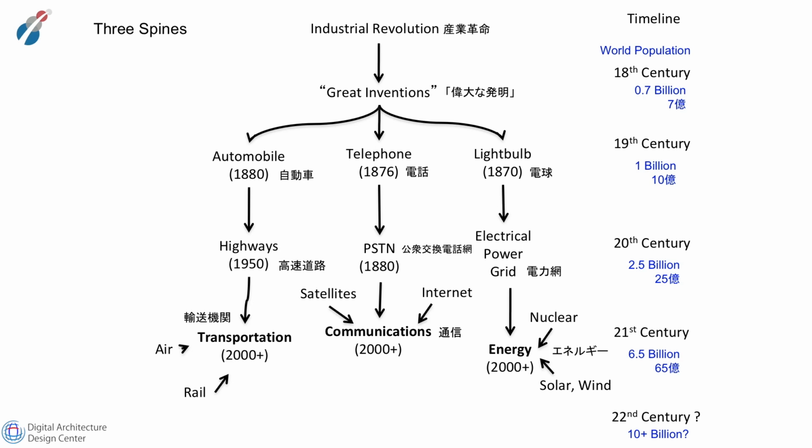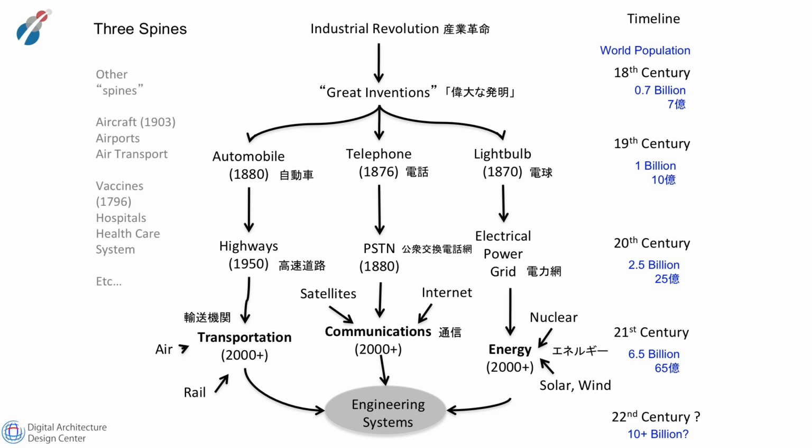So transportation can be done by air, by rail, by highways, and several other means. Communications can be done by the classic telephone network, which is increasingly, I think, being retired, the internet, voice over IP, satellites, and then energy. We have a mix: solar, wind, nuclear, fossil fuels, still important. And so this is the brave new world that we're in, the world of engineering systems.